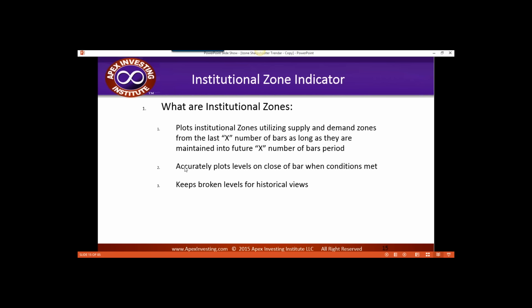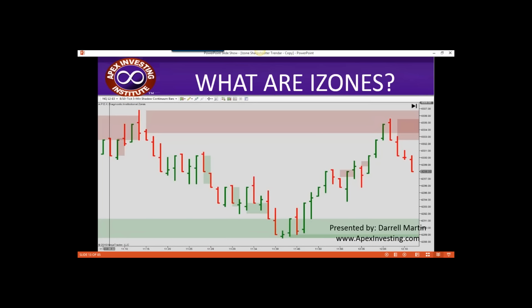It's not just plotting a random recent magnet level high or low. It's making sure that it's maintained moving forward a certain amount of bars. It will plot new IZONE levels when they're made, and it keeps all the broken levels in there for historical views.